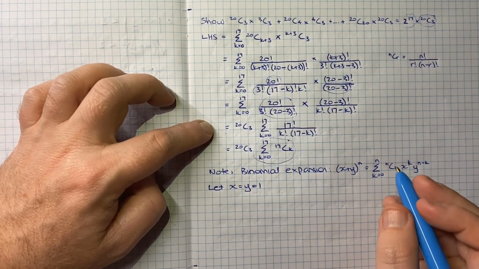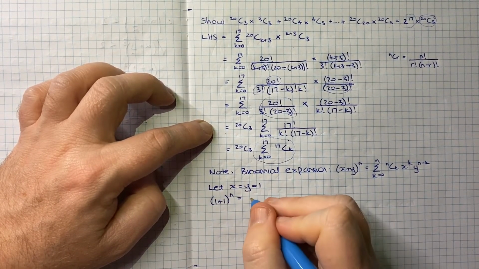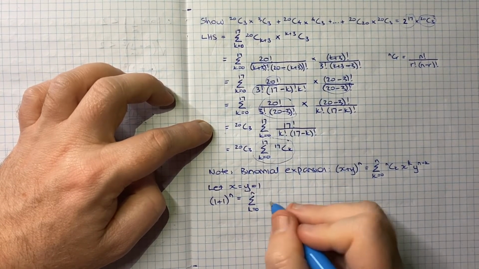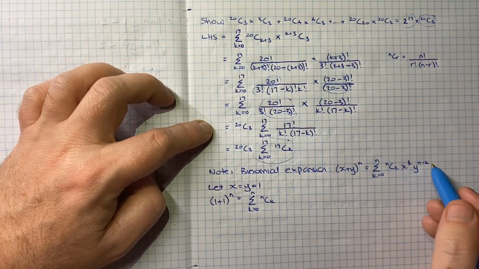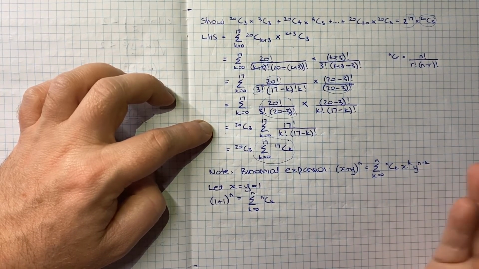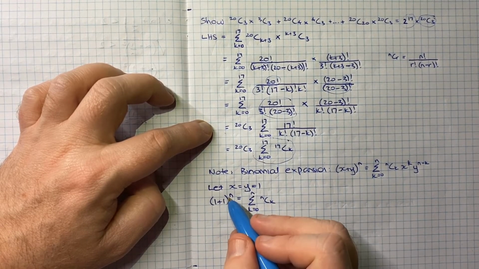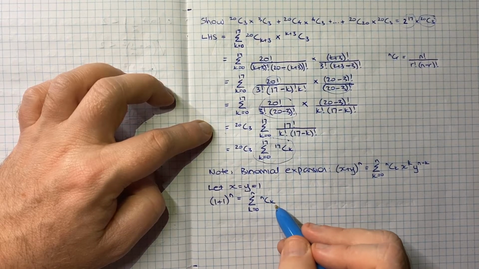So if we do that, we end up with (1 plus 1) to the n is equal to the sum from k equals 0 to n of nCk, and then we have 1 to the k, 1 to the n minus k, but 1 to the anything is just 1. So it's actually just nCk. So 2 to the n is the sum from k equals 0 of nCk.